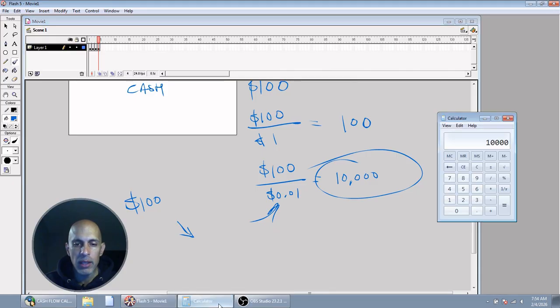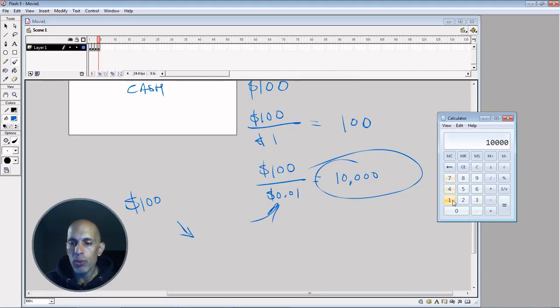How many times can you do that to really make that wealth? So let's say 100 divided by 0.01, so that's 10,000. That's 10,000 opportunities. That's where the wealth is made.